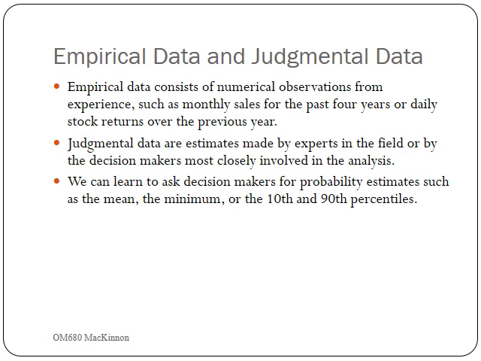Decision makers, or those helping us make the decision and model it, will often be able to provide you with probability estimates such as the mean, the min or the max, or the 10th or 90th percentiles if you're thinking of a normal curve.